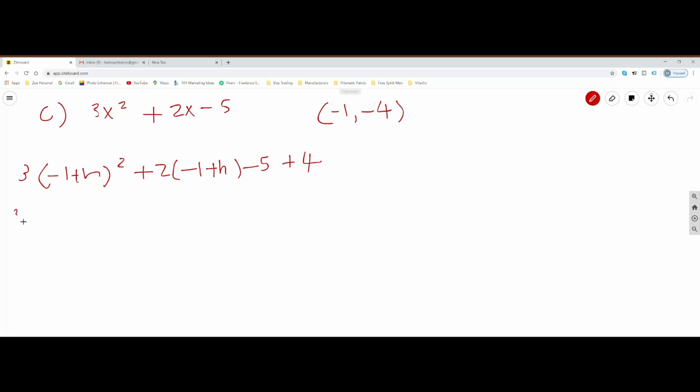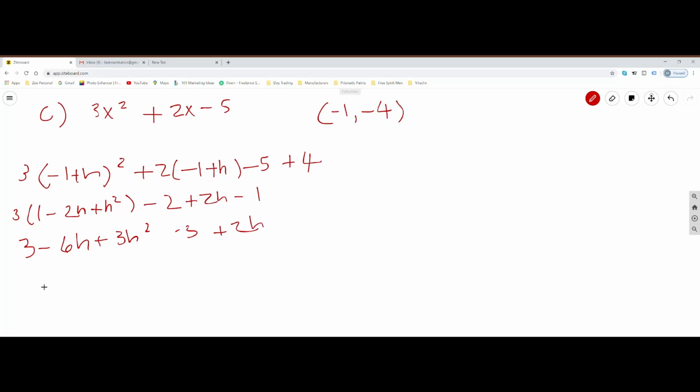So you have 3 times 1 minus 2h plus h squared, minus 2 plus 2h minus 1. That gives 3 minus 6h plus 3h squared, minus 3 plus 2h.